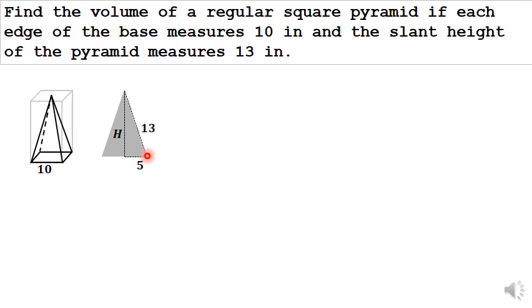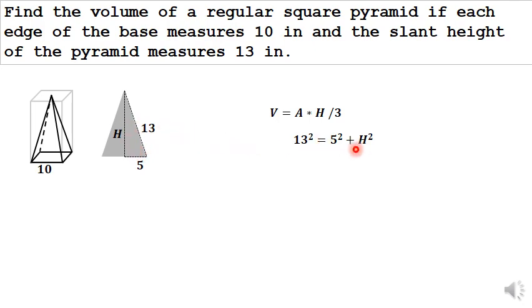Now, we are familiar that the volume of the pyramid may be calculated using the area of the base times the vertical height of the solid, and then we divide it by 3. But the question is, what is our h? Our h may be computed from the Pythagorean formula. We have a right triangle, 13 being the hypotenuse and h being the height.